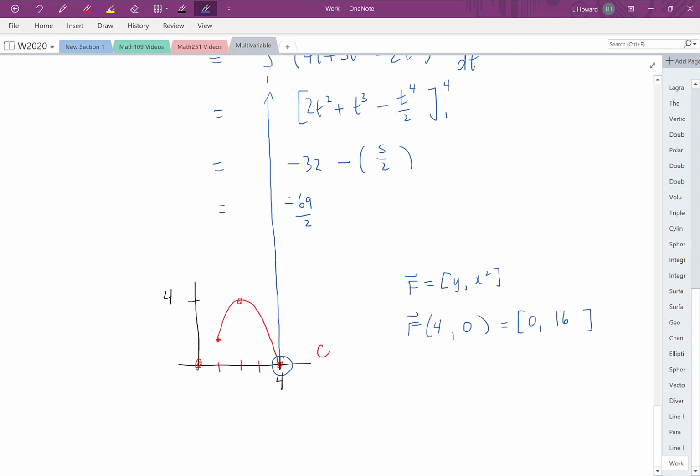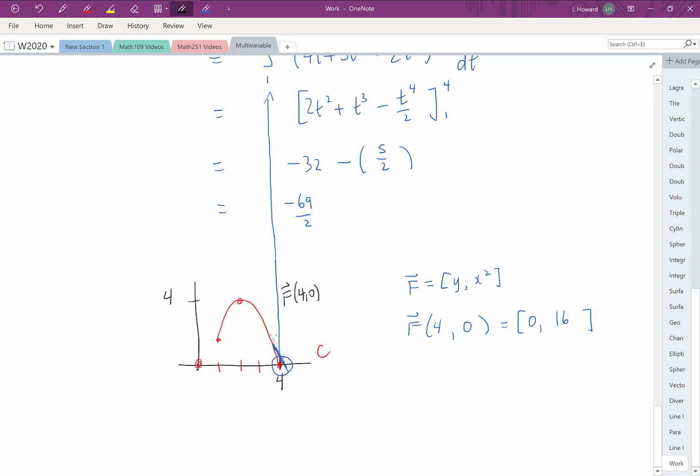Now what we want to do is resolve this force vector into components. The components we care about are the direction parallel to our curve, which is given by our tangent vector, roughly like this, and the direction perpendicular to it. I'm labeling this F of (4, 0).